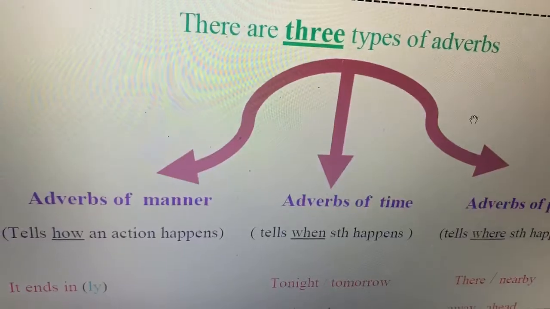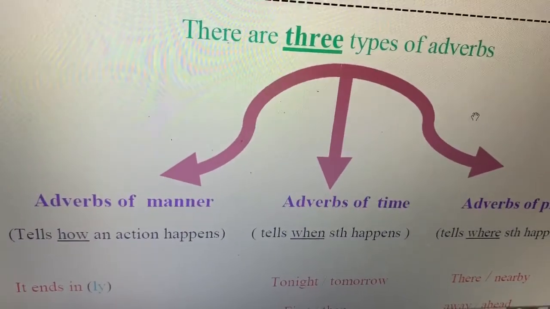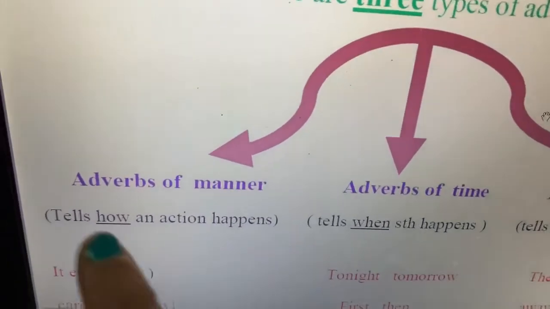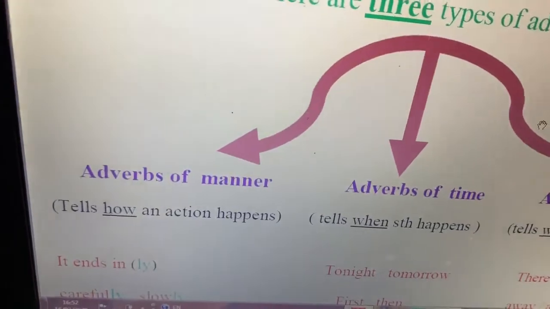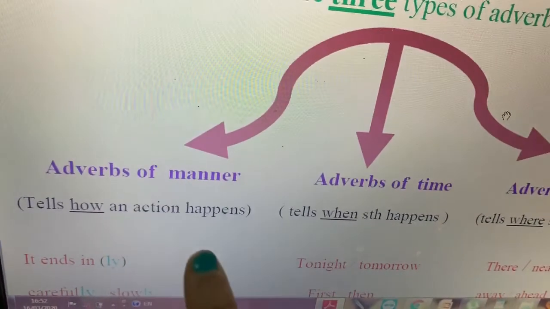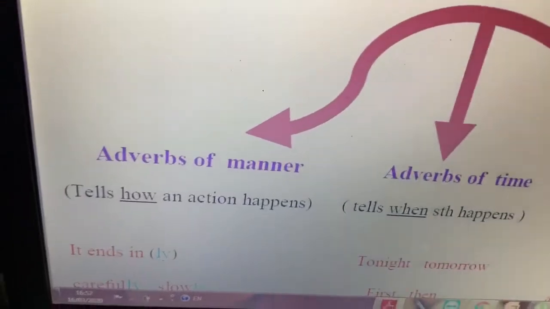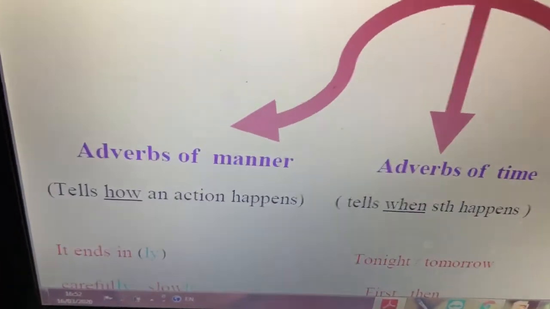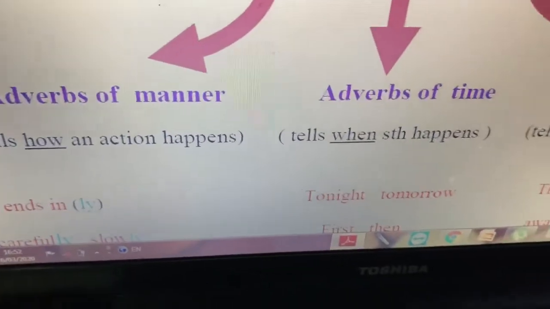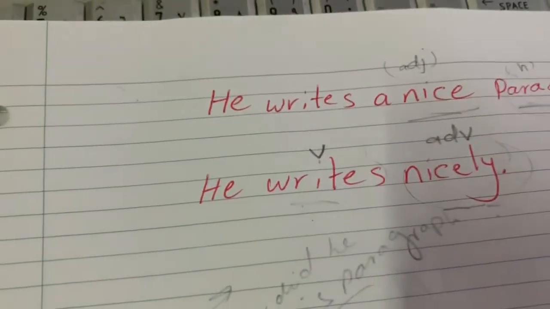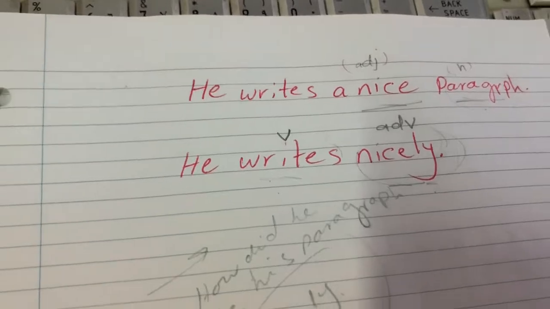What does it mean, adverbs of manner here? Adverbs of manner tell how an action happens. What does it mean, how an action happens? Like this example that I gave you here. He writes nicely.